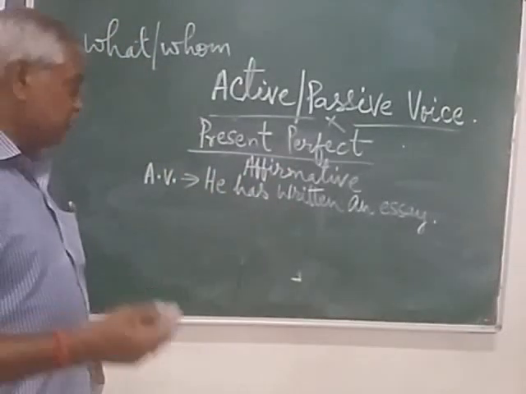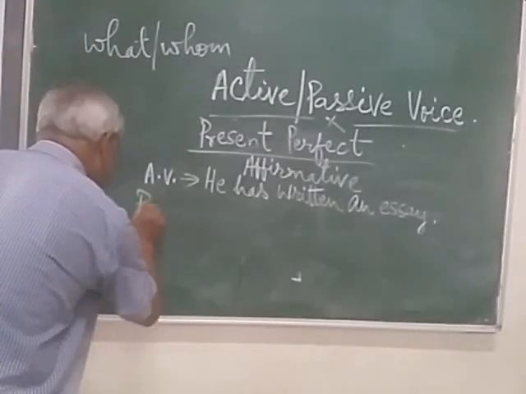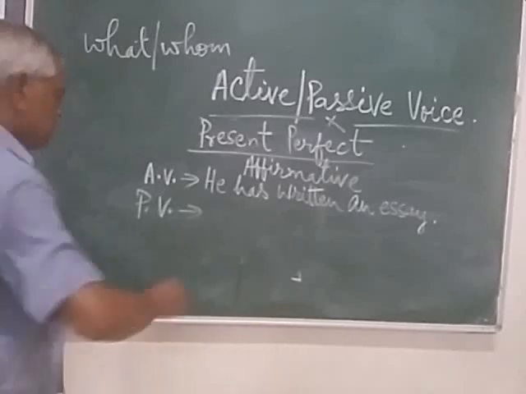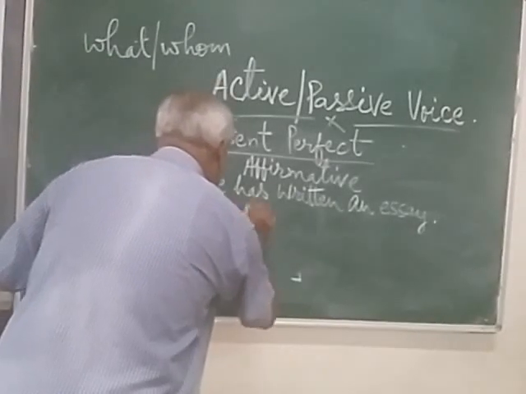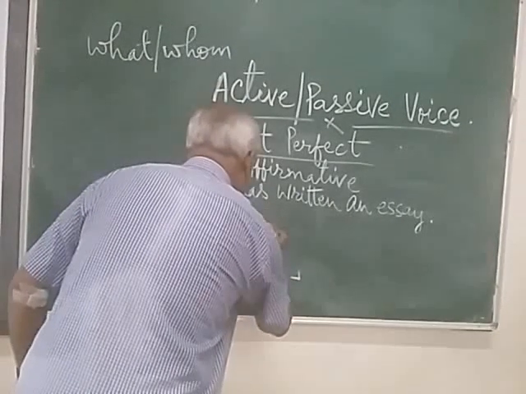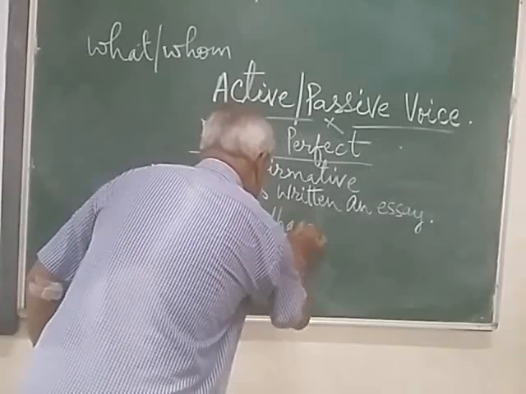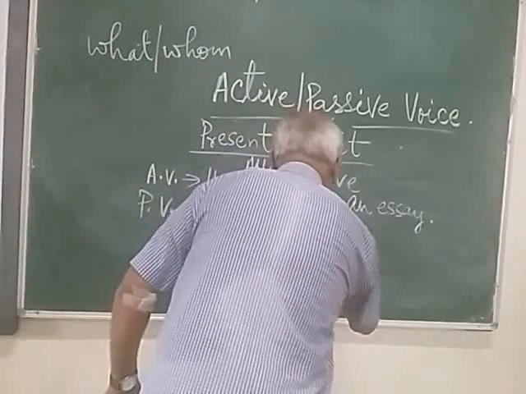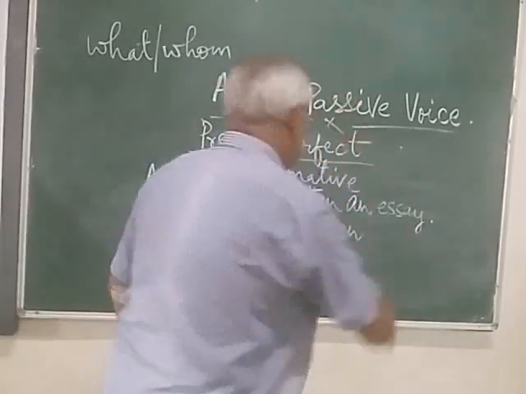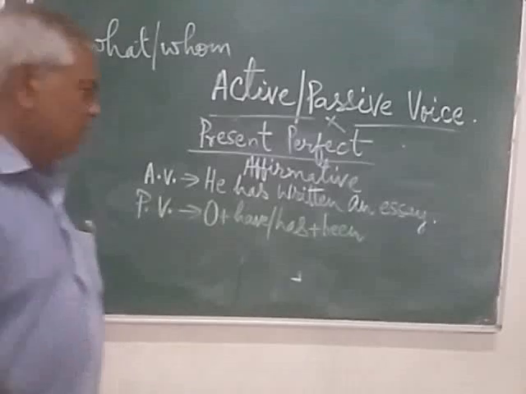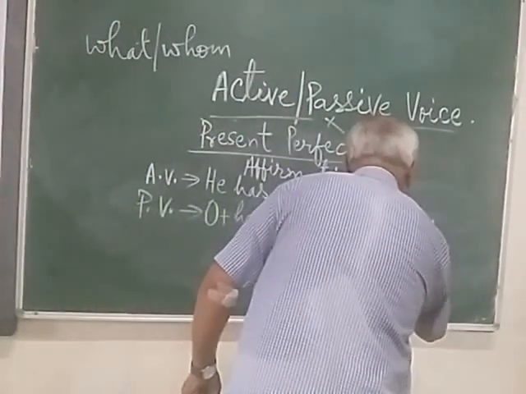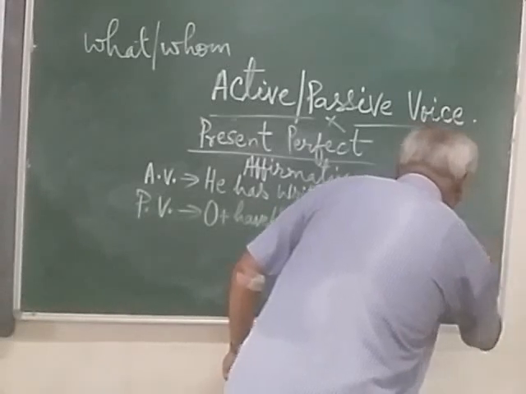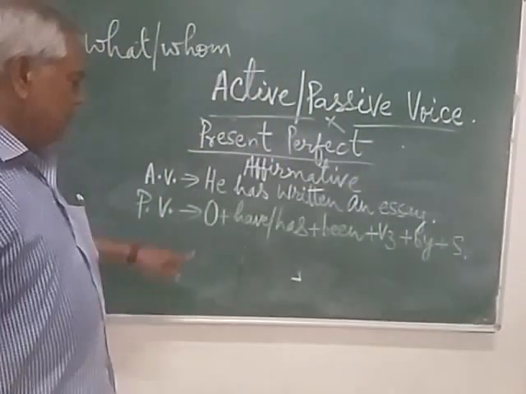And now the structure of the passive voice. First object, then after have, has, then after the word being, then V3, then by and subject.